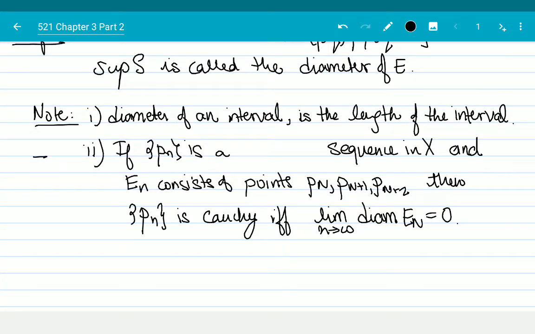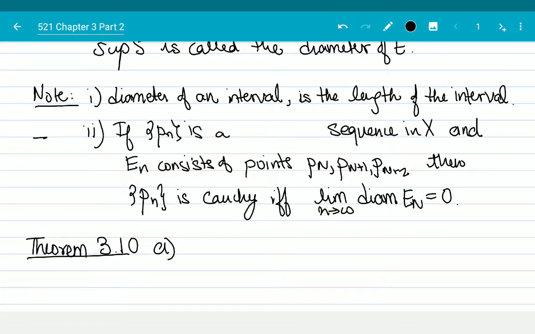So now, before we show that every convergent sequence has to be Cauchy, we need some setup for it, which is what I was going to just write down as a note, and then I realized it needs proof, and it is a proper theorem. So to prove it, we need some setup.